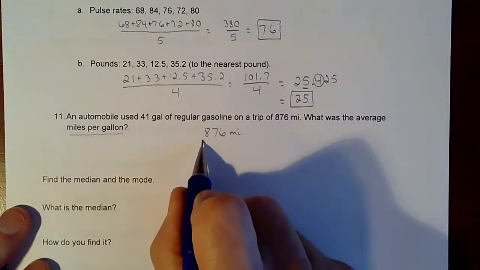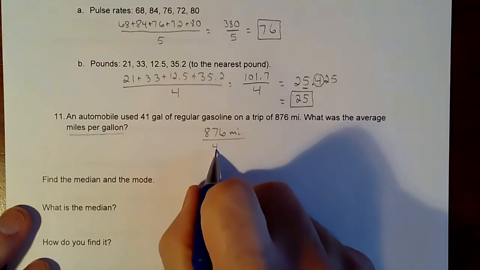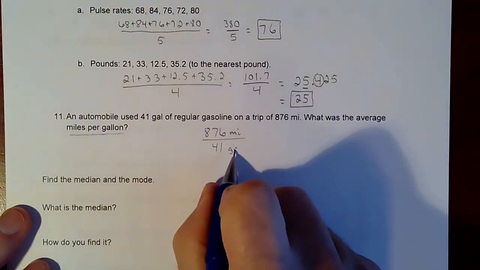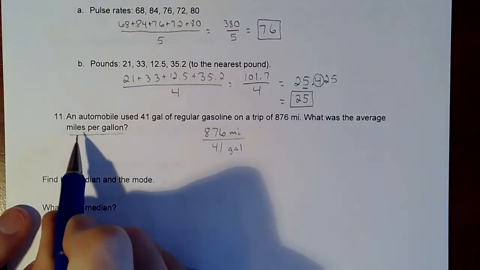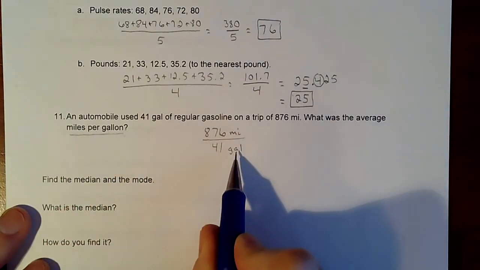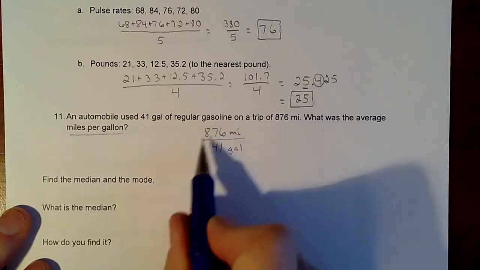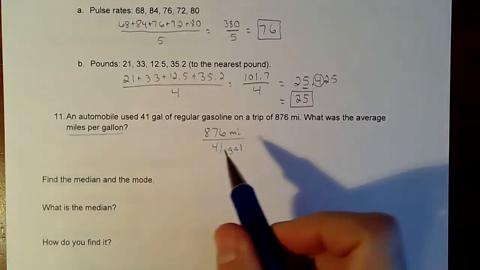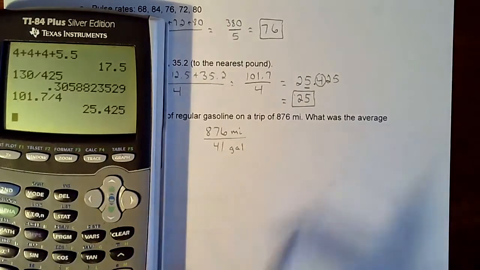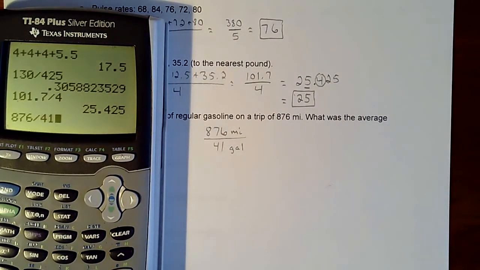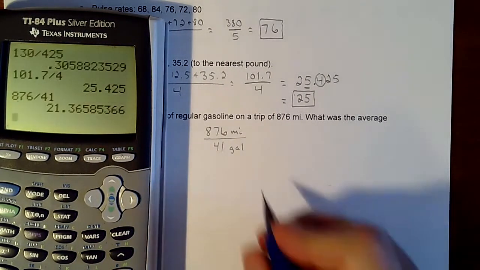Miles on top, divided by gallons. To figure out the average, we just divide them. So we have 876 divided by 41, and we get a whole lot.